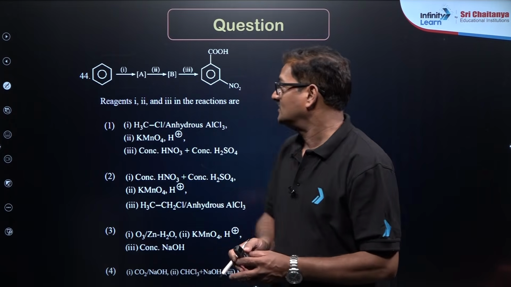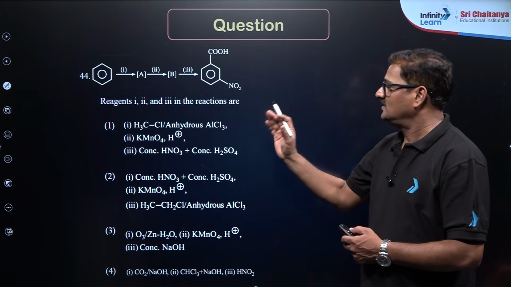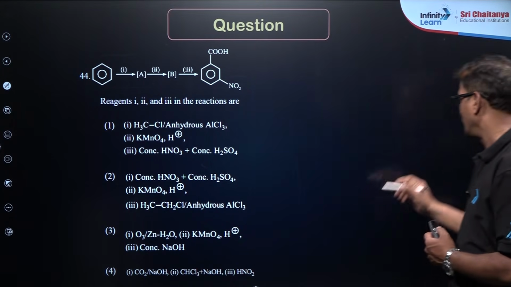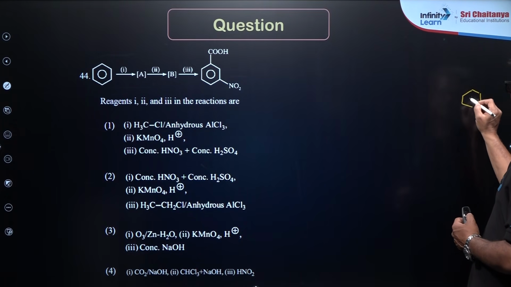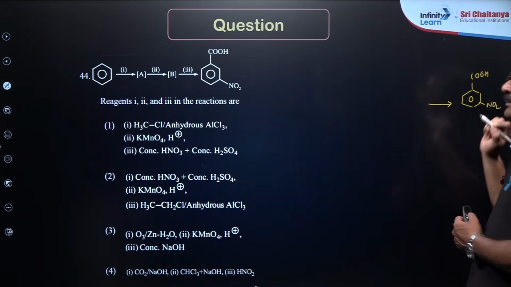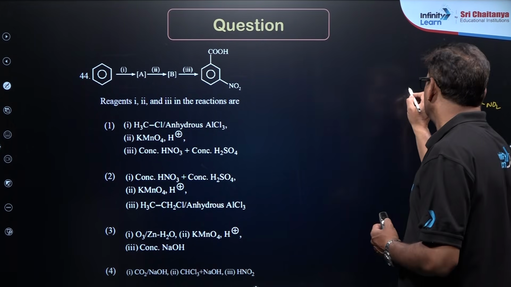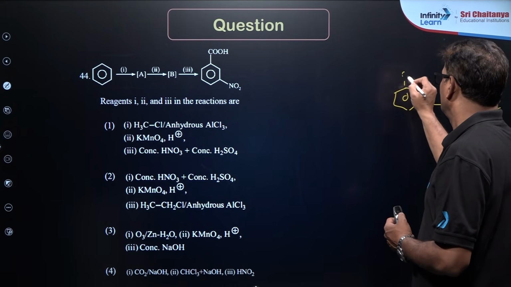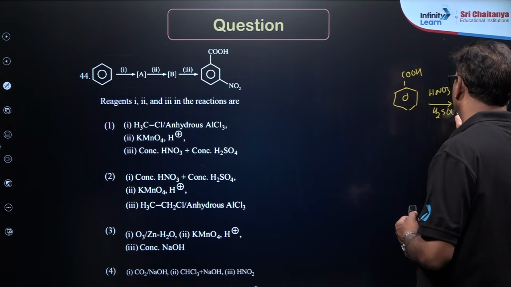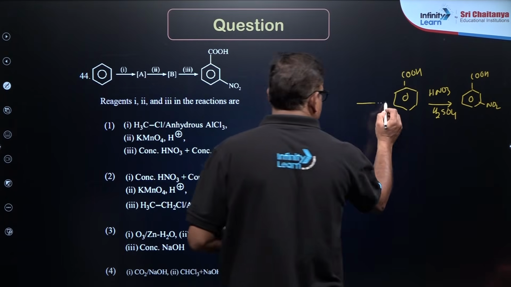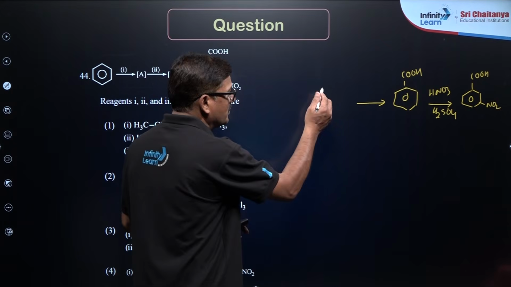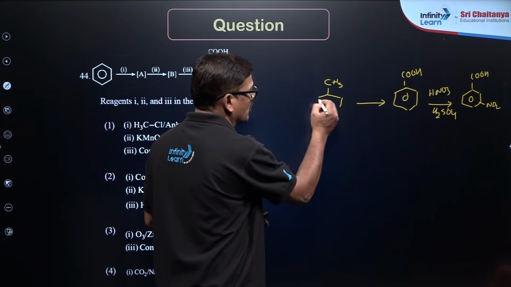Students, here is another question. Reagents 1, 2 and 3 are present in this sequence of reactions. Taking the product into consideration, I want to work out what reagents are required here. Meta-nitrobenzoic acid is obtained from benzoic acid by nitration with HNO3 and H2SO4. In benzoic acid, the acid group is a meta director. Benzoic acid can be obtained from toluene.